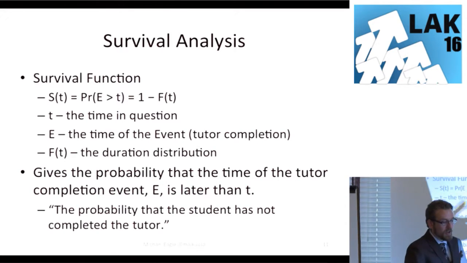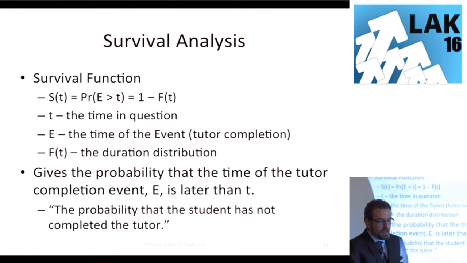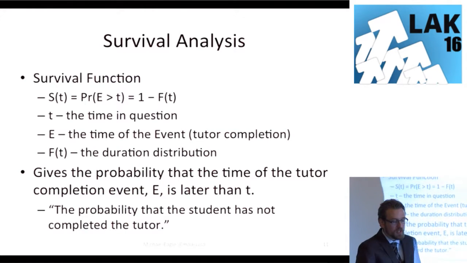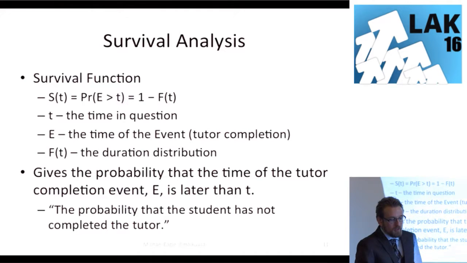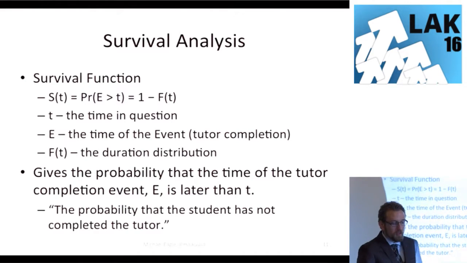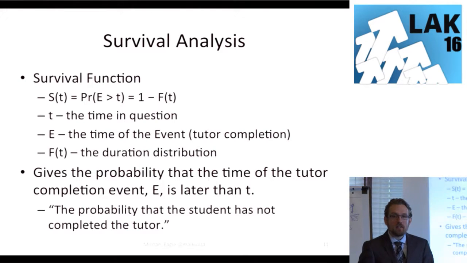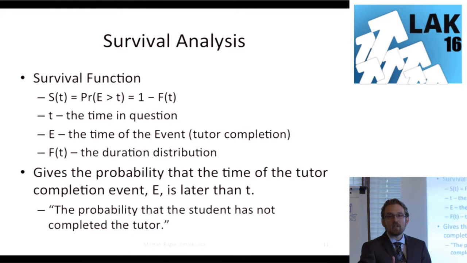So like I said, survival analysis is a statistical technique. I'm not going to go too much into the actual functions. But the really big takeaway is that we're looking for the probability that at time t the event will happen. If we are doing it in terms of actual time, we might say how likely is it at 62 minutes for someone to quit.